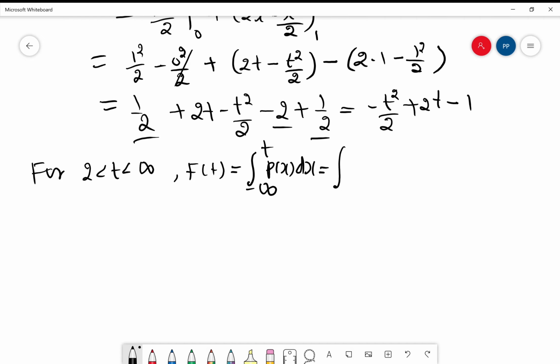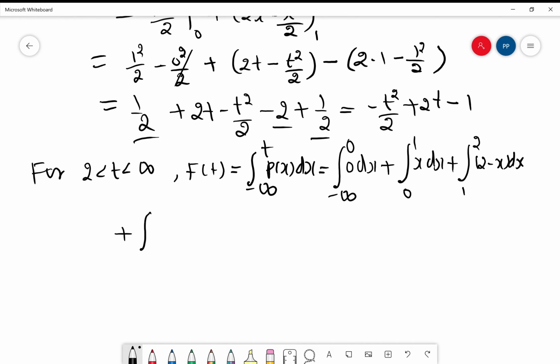It is the integral from minus infinity to 0, where the function is 0, plus the integral 0 to 1, where the function is x, plus the integral 1 to 2, where the function is 2 minus x, plus the integral 2 to infinity, where the function value is 0. So the first integral and last integral vanish.